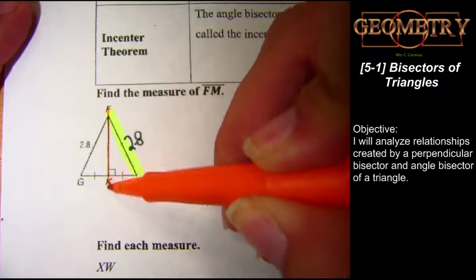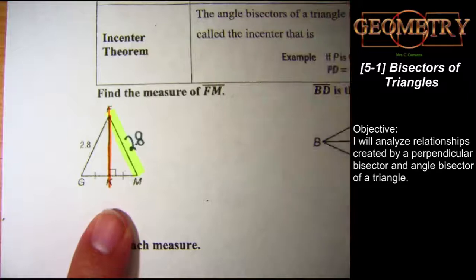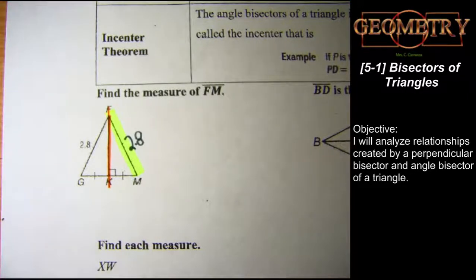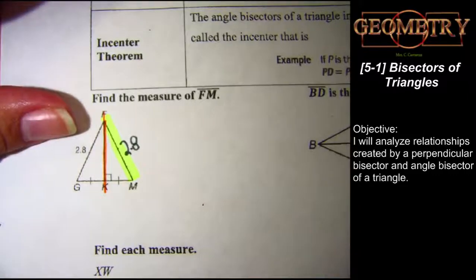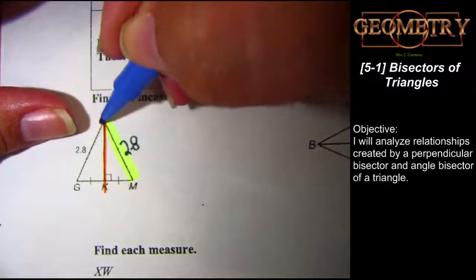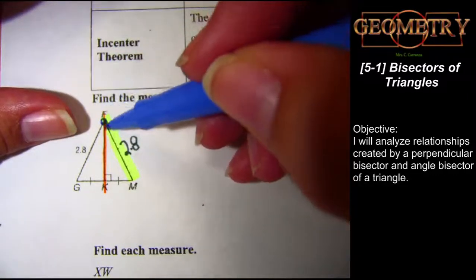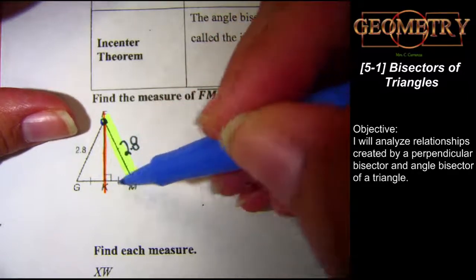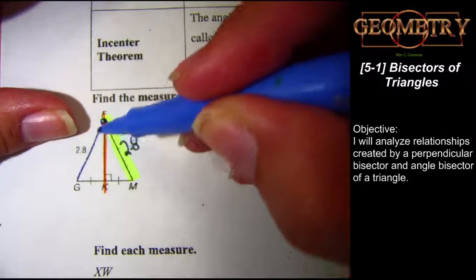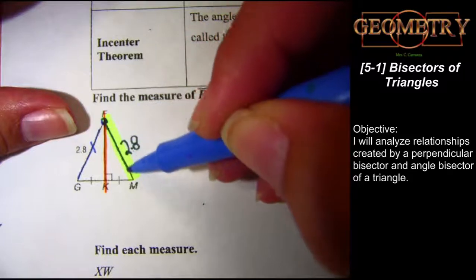FK is the perpendicular bisector for GM. And we have our theorem that states, if a point, which we're going to look at point F, is on the perpendicular bisector of a segment, then it is equidistant from the endpoints of the segment.